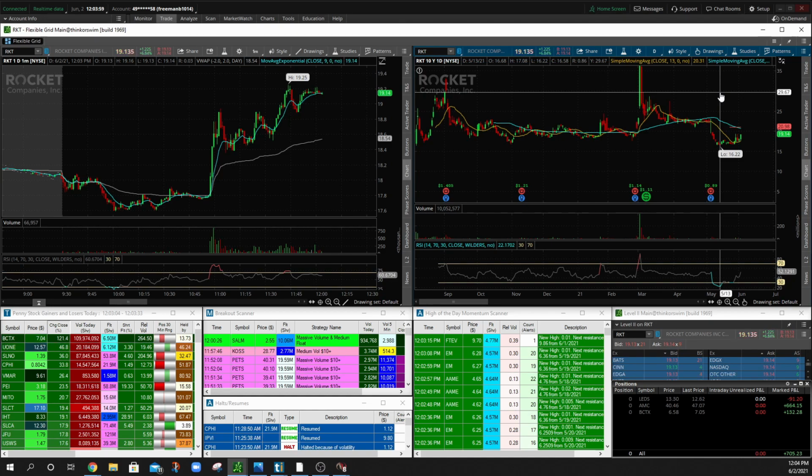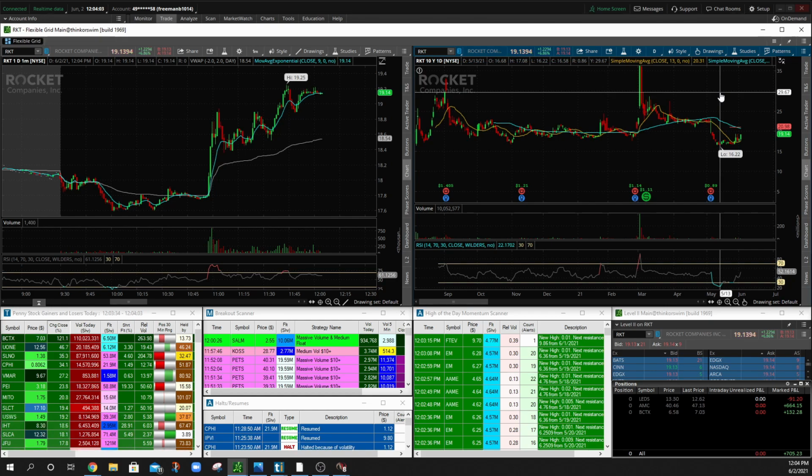The type of approach I take on RKT, that's not a moving average squeeze. It's more that consolidation, really getting hit hard, oversold, back above the 13 SMA. Everything we just talked about, that's more of a midterm swing. So that could last anywhere from 2 to 4 weeks, maybe even 2 months. The way I classify a long-term swing is 3 to 6 months.